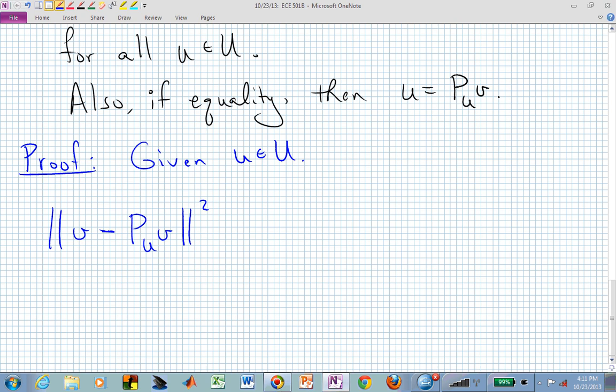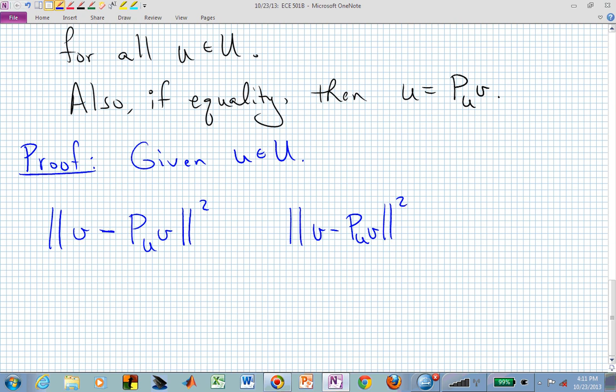So now we have this number squared, this distance between V and V's orthogonal projection onto U. Let's just write that down again.